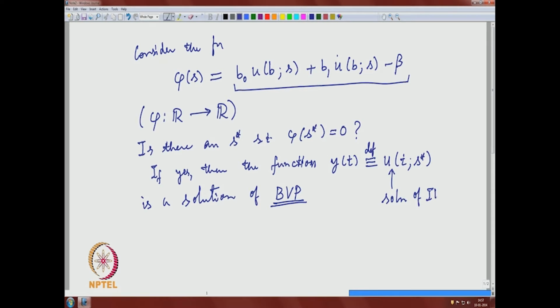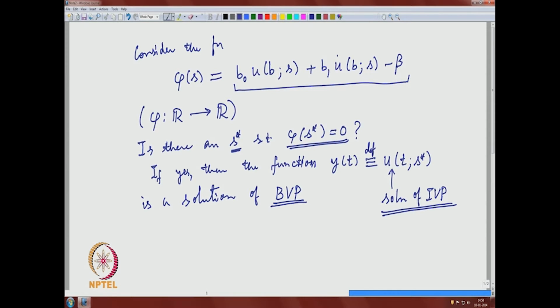Remember, this is the solution of the IVP. This we already know: under certain conditions on the right hand side function f, we always have a solution. Uniqueness and other things we will not discuss at this point. In addition, if there is an S star satisfying this condition, which is a root of the function phi, then using that solution of the initial value problem, we obtain a solution of the boundary value problem.